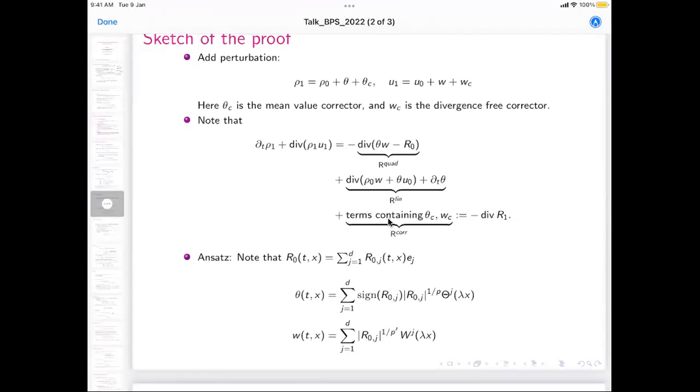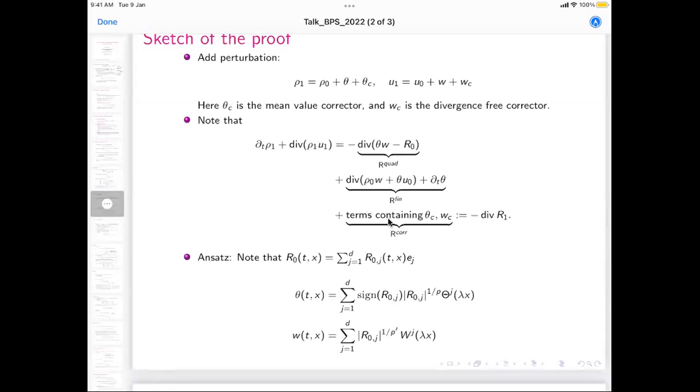Similarly, for U1, the velocity, I start with the previous one and some perturbation w, and then I need to put a divergence corrector because I'm not sure this will be divergence free. So now let's calculate what is delta rho 1 and divergence of rho 1. We calculate, and I'm not going to write terms which contain theta and w. Instead, I'll focus on these two terms most importantly.